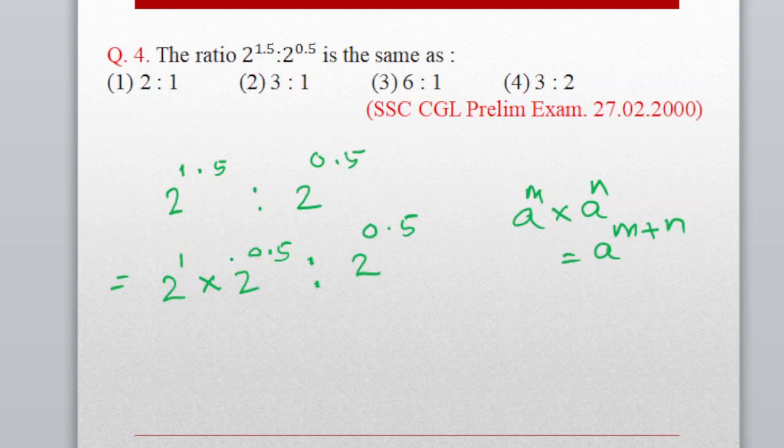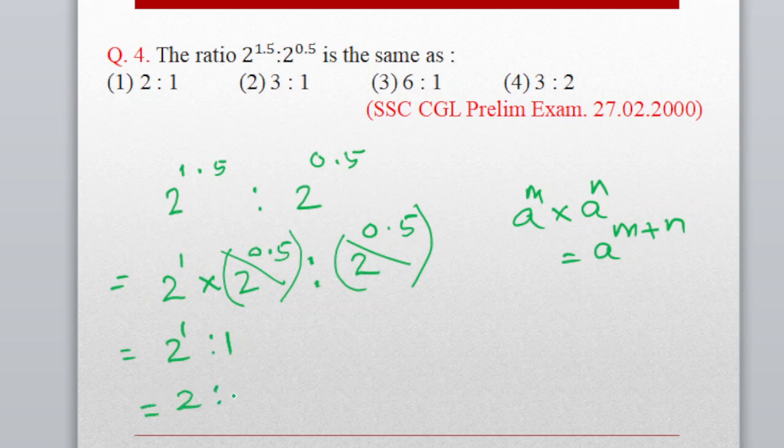Now here this 2 to the power 0.5 and this 2 to the power 0.5 cancel. So here 2 to the power 1 is to 1. So that is equal to 2 is to 1. That means here option 1 is the right answer.